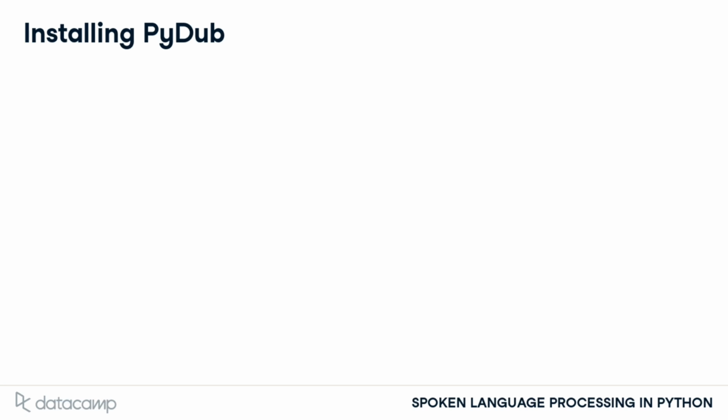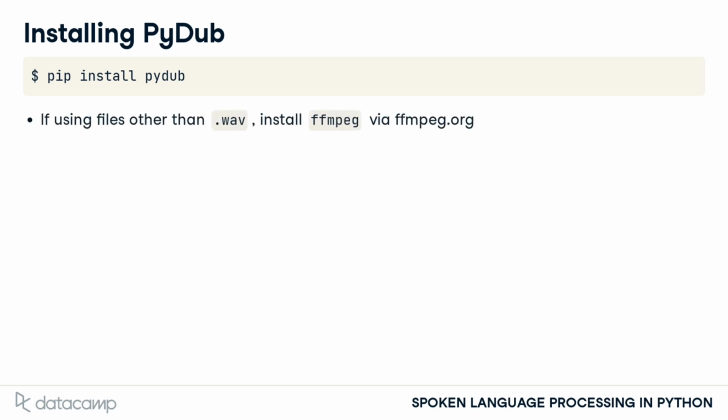You can install Pydub via pip by running pip install pydub on the command line. If you're working with only WAV files, Pydub works out of the box. However, for file formats like MP3, you'll need FFmpeg, an open source audio library, which can be installed via ffmpeg.org.